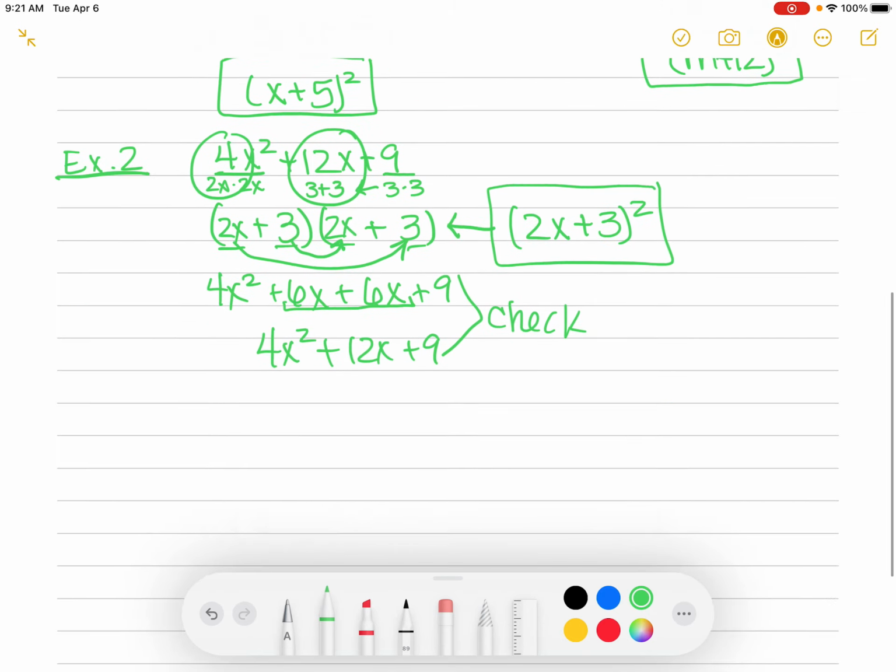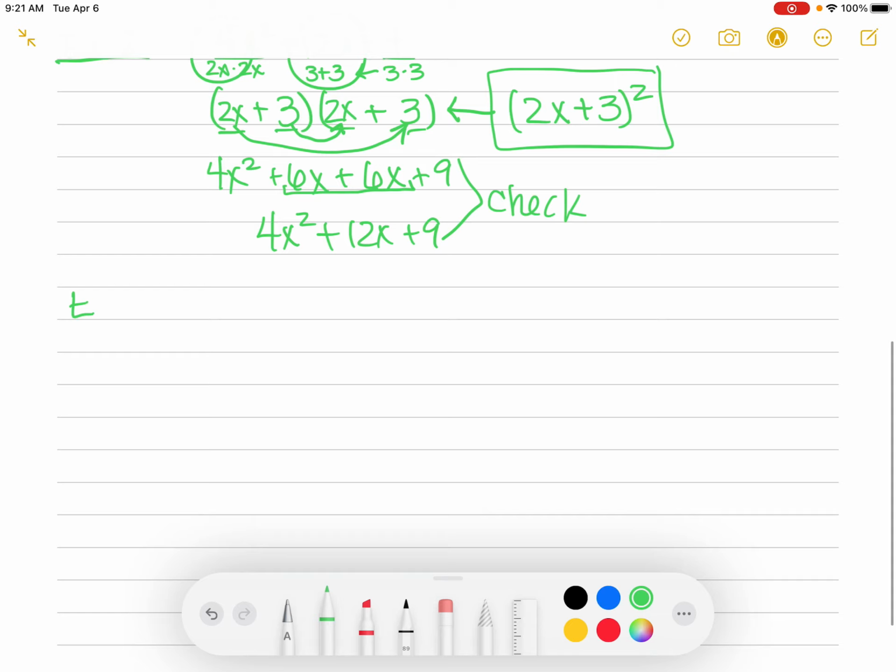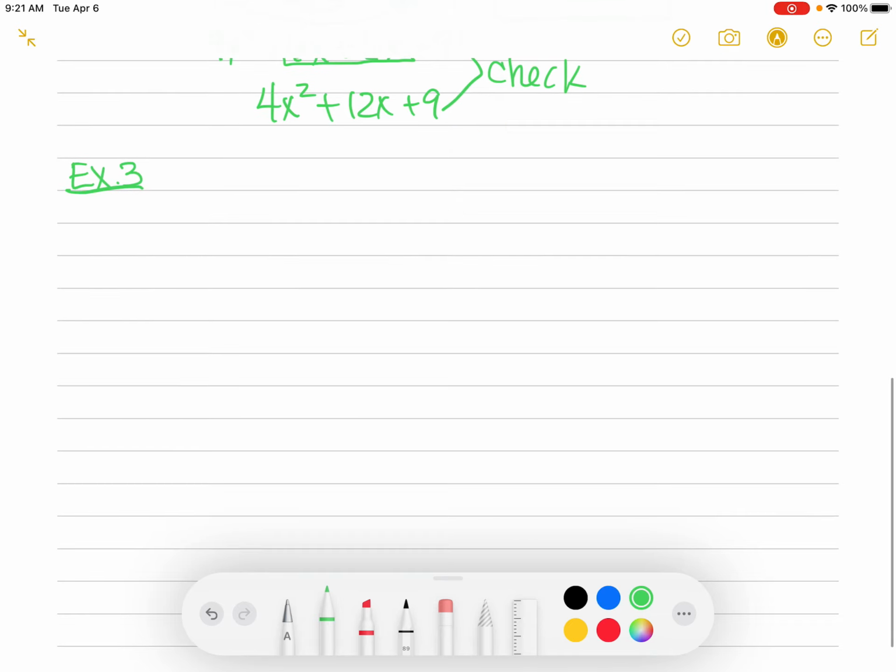Okay, let's try another one on your own. Let's see if you can figure this one out. It is a little bit different, but I think you can do it. So let's do x squared y squared minus 8xyz plus 16z squared. First we're going to ask ourselves, is this a perfect square?